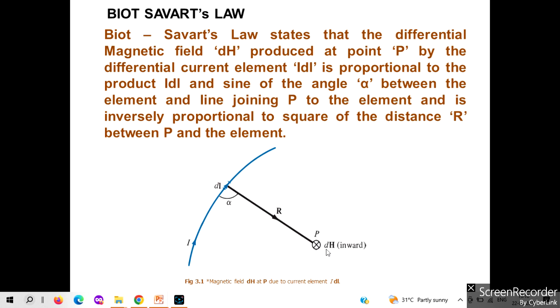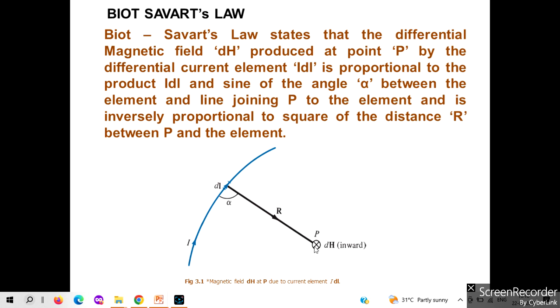And if we have a dot representation, consider a point with a circle, that is outward, so that will be the direction outside. Now this is the representation for the into the page, or inward direction, of the magnetic field. Now, this is the point of observation where we are calculating the magnetic field due to this particular current element.